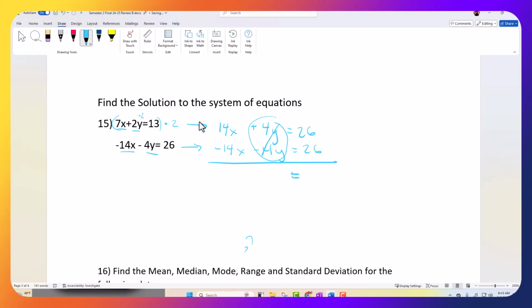But as a byproduct, just coincidentally, these x's also cancel. Since everything on the left canceled, I have 0. And on the right, does 26 cancel 26? The answer is no. They would cancel if they had opposite signs, but since they have the same sign, it'll be 52. Does 0 equal 52? The answer is no. Therefore, we have no solution.